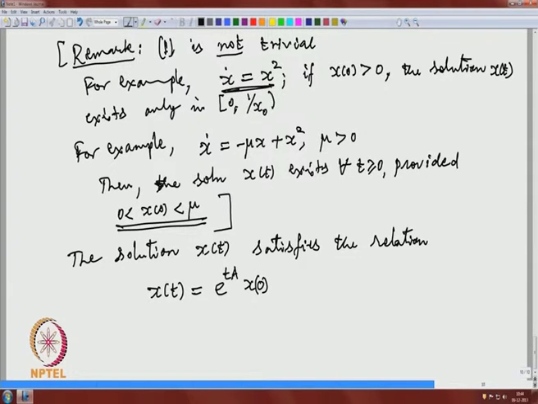This comes from the homogeneous part x dot equal to Ax, and then for the inhomogeneous part you have this nonlinear integral, e to the (t minus s)A f(s, x(s)) ds.